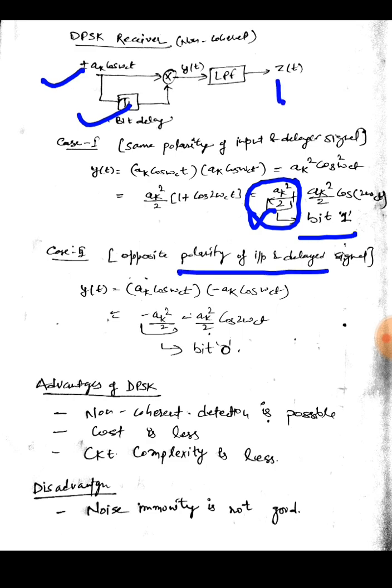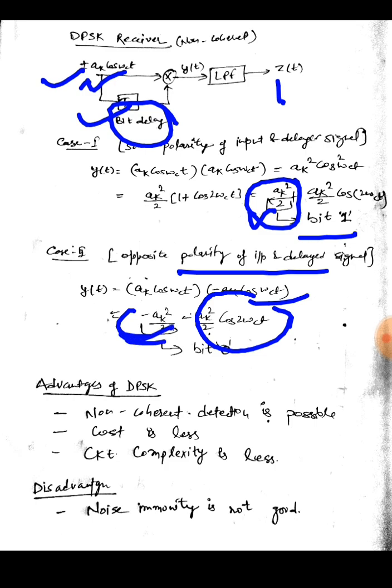Now if opposite polarity of the inputs are there, that is this is AK cos omega ct and the delayed signal is minus AK cos omega ct, so in the end we would get minus AK square by 2 minus AK square by 2 cos 2 omega ct. So again we will feed it to a low pass filter which will reject this frequency and pass this message signal only. Since it is negative, it would be bit 0. So if it is positive it would be 1, if it is negative it would be 0. This is how we can receive or detect our DPSK signal.